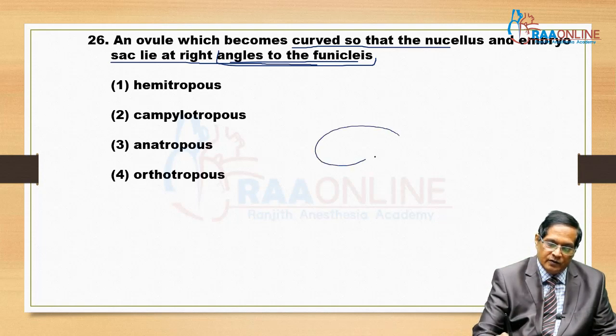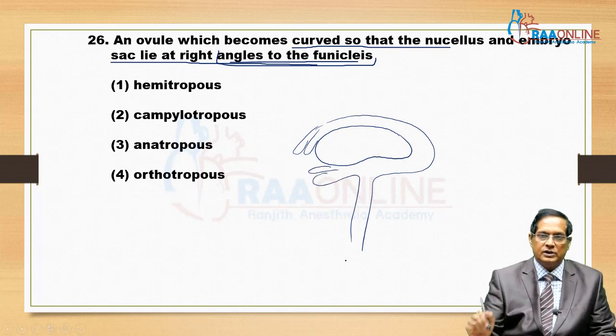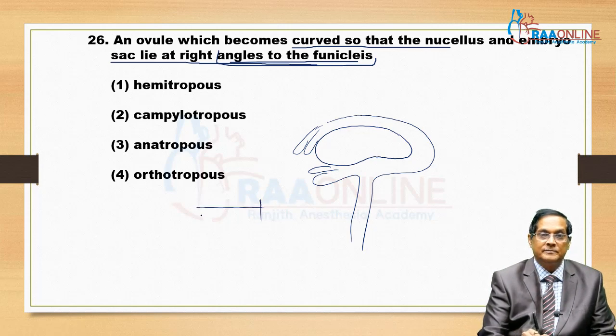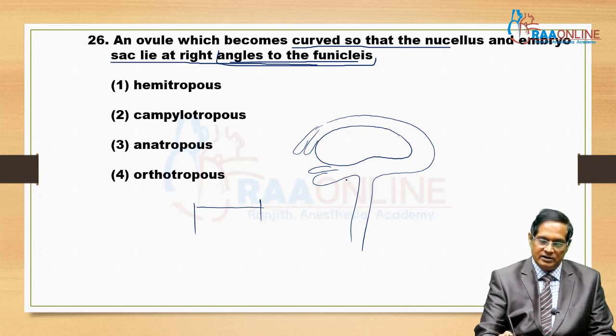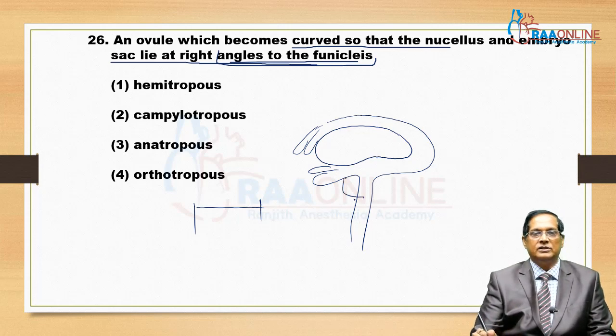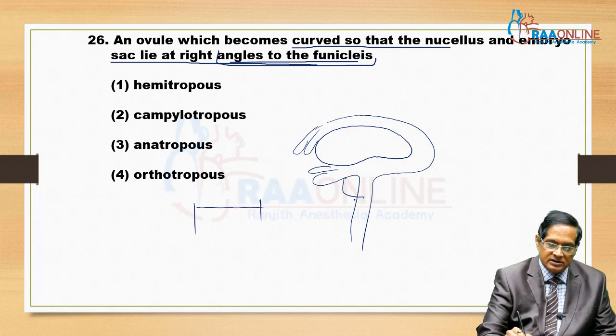This is the body of ovule, slightly curved, with integument 1 and 2. The body of ovule is placed transversely, that is at a right angle to the funicle. The answer for this question is hemianatropous.